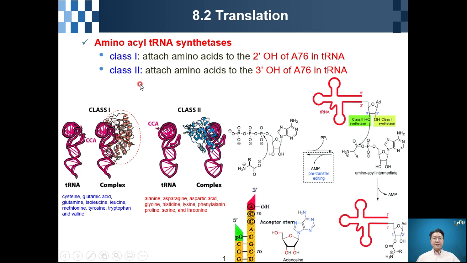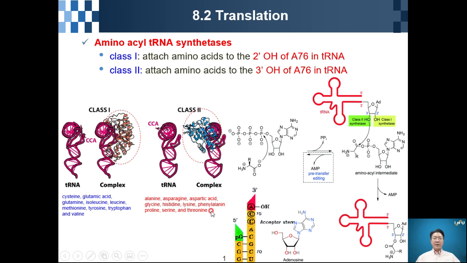How about class 2? This is the class 2 amino acyl tRNA synthetase. Class 2 attaches amino acids to tRNA, especially alanine, asparagine, aspartic acid, and finally threonine.